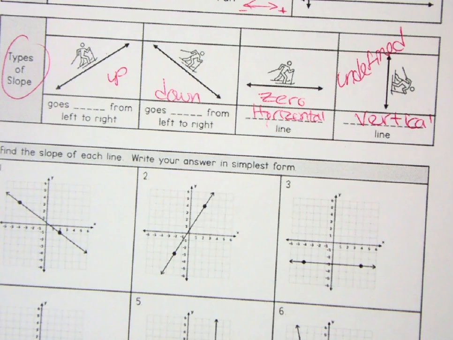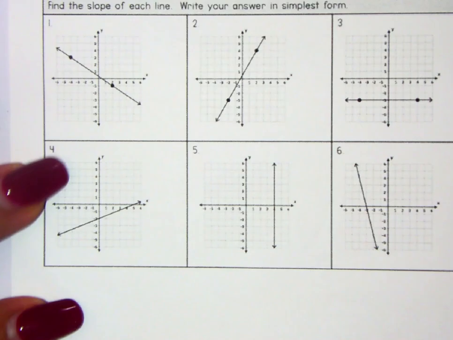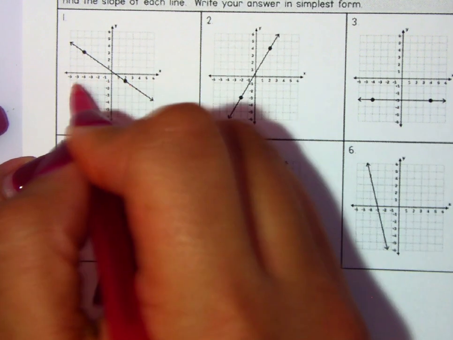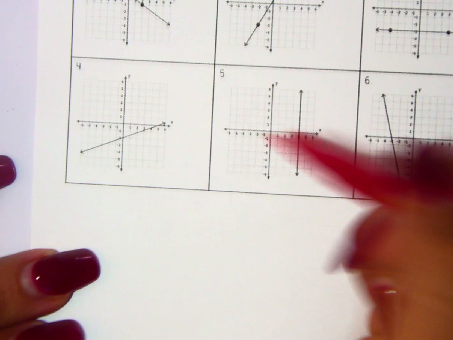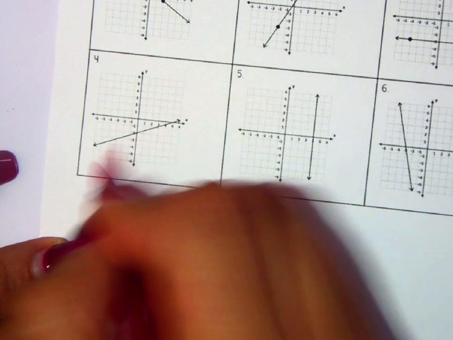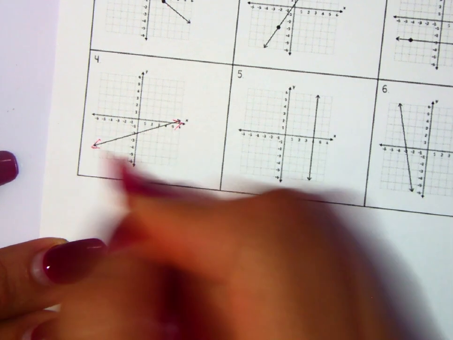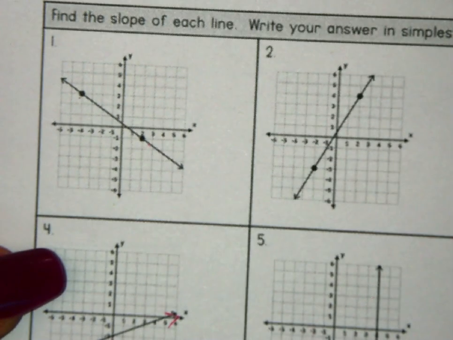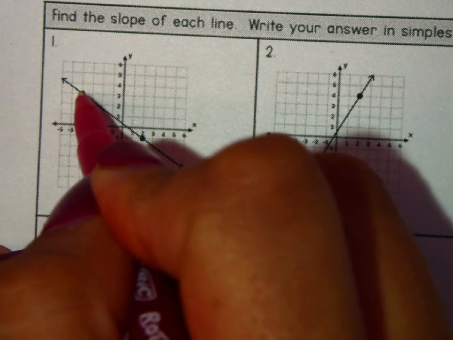Here are some examples of how to find slope given a graph. You need 2 points to calculate that rise over run. If you don't have the 2 points, you just have a line with arrows, and your job is to find those 2 points. So I'm just going to go over a couple of examples so you can try the others on your own. So the first one here, we have a point right here.